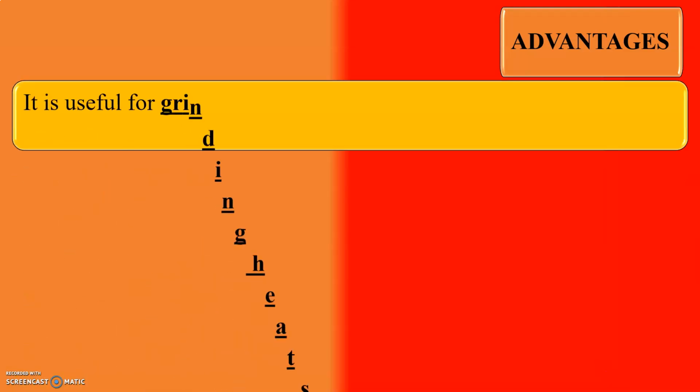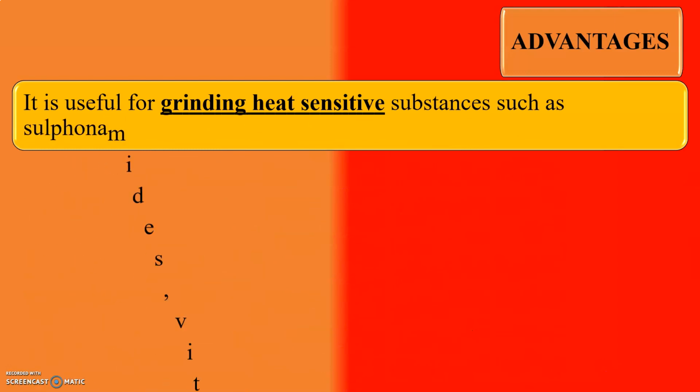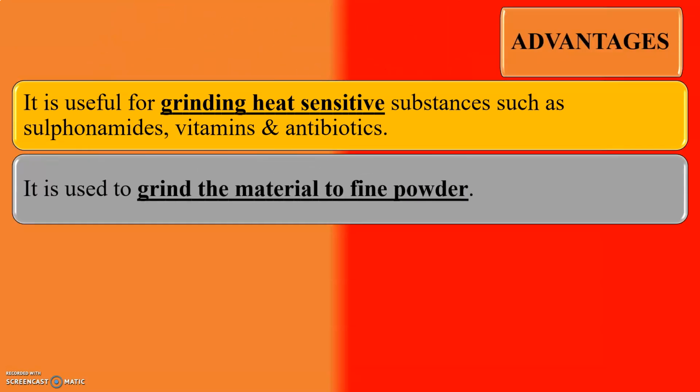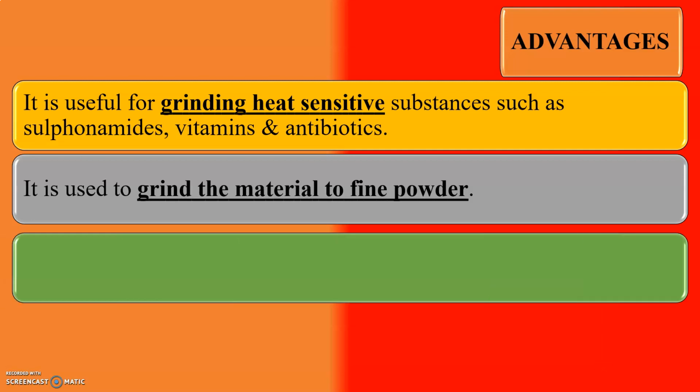The first advantage is the fluid energy mill is useful for grinding heat sensitive substances such as sulfonamides, vitamins and antibiotics. The second advantage of fluid energy mill is it is used to grind the material to fine powder.